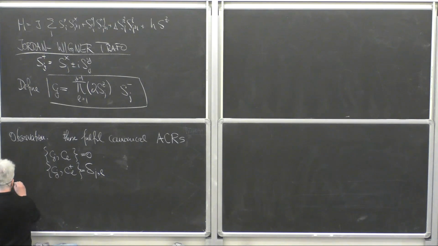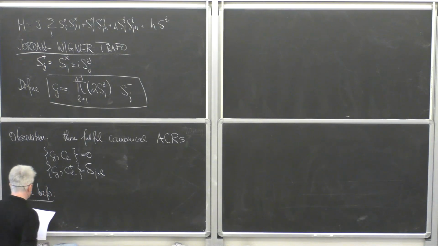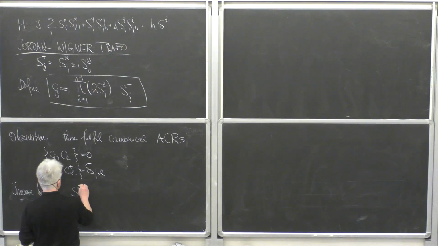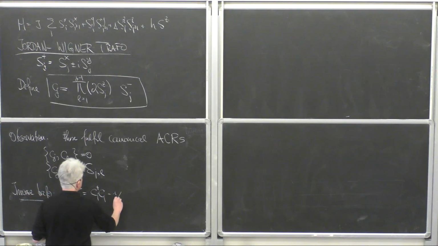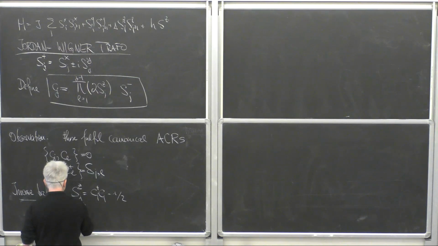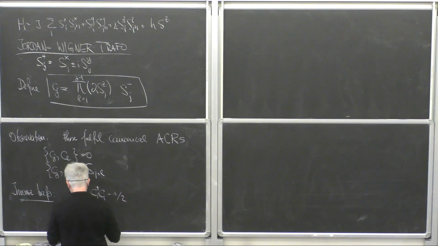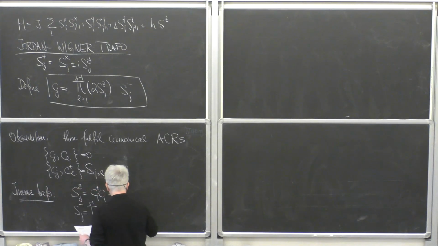And there is an inverse transformation. So this is a one-to-one map, and the inverse transformation is simply S^z_j = C†_j C_j − 1/2, and S^-_j = the product over l = 1 to j−1 of (1 − 2 C†_l C_l) times C_j.